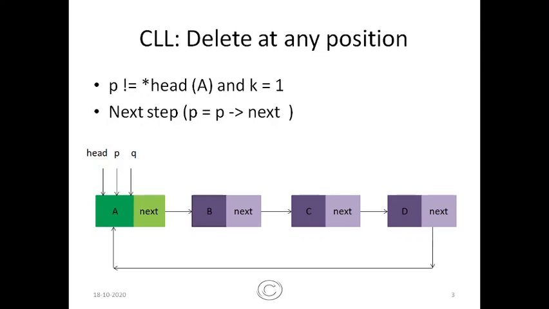Till that position we will traverse, or we can traverse till the last node. So node traversing is done by p is equal to p next, and position is tracked by the one variable, that is k. Each time you traverse to the next node, we will increment that.